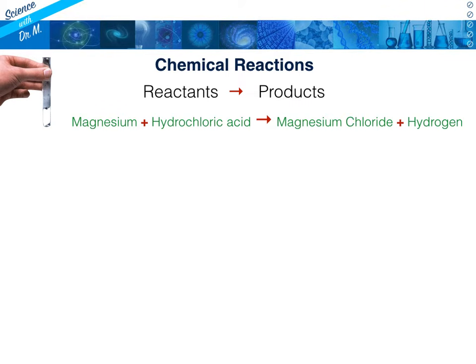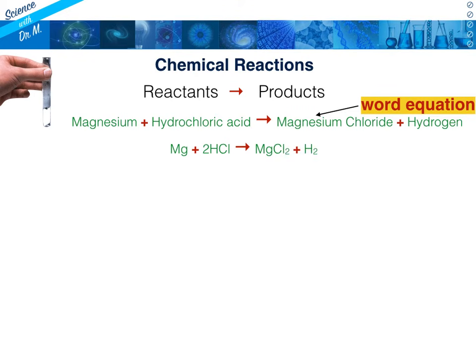Now, this representation is our word equation. The substances are represented with words. There's no chemical symbols there at all. It is our word equation. We could draw a symbol equation. This is our symbol equation, and what happens here is each of the names of our substances has been replaced by the symbols that you would find for those elements on the periodic table.